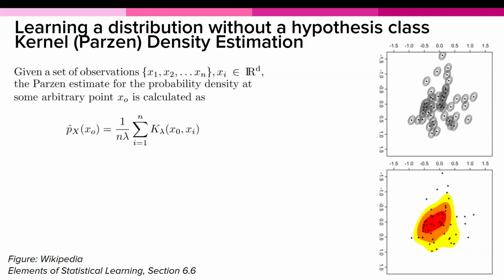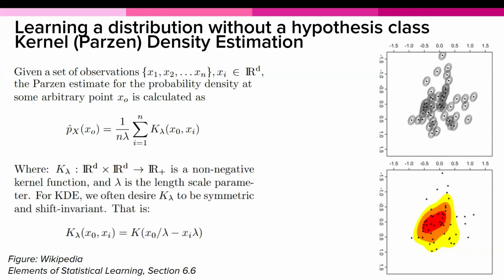In KDE, we typically are interested in symmetric and shift invariant kernels, such that its output depends only on the difference between the query point and a given sample point. In math, this would appear as follows.